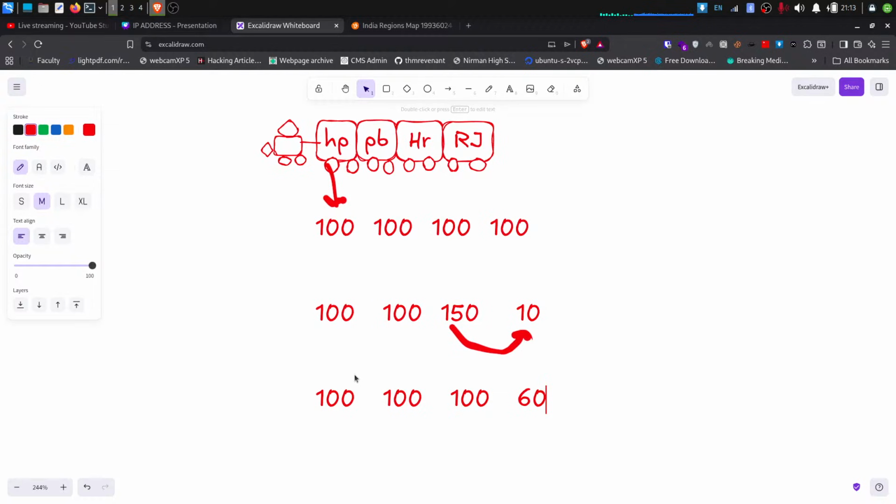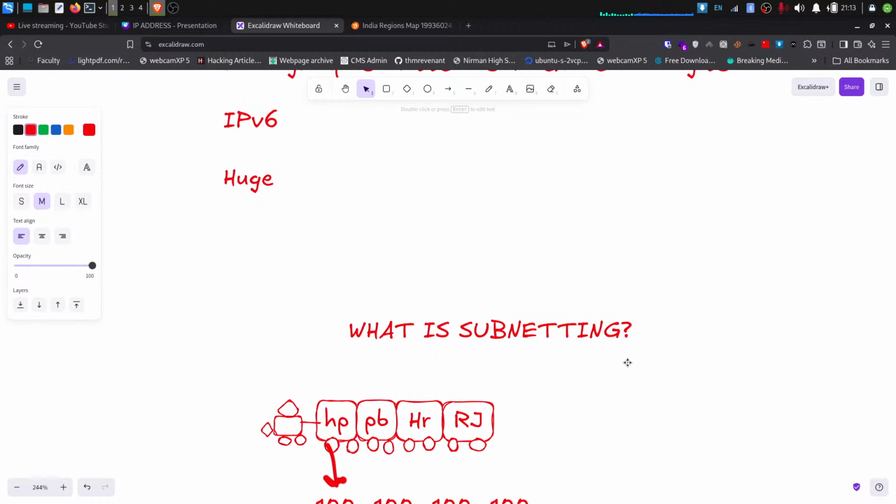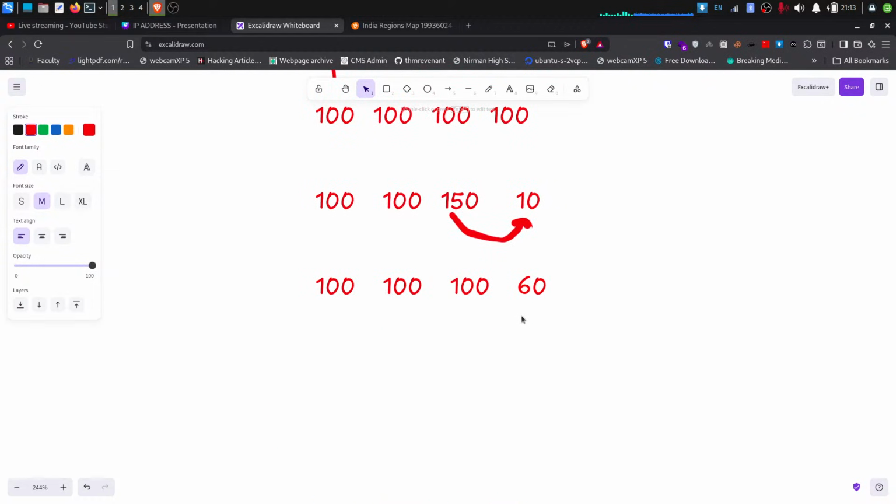This is the simple concept of subnetting: to utilize the network and reduce the wastage. This thing helped us to utilize all the coaches and reduce the wastage.